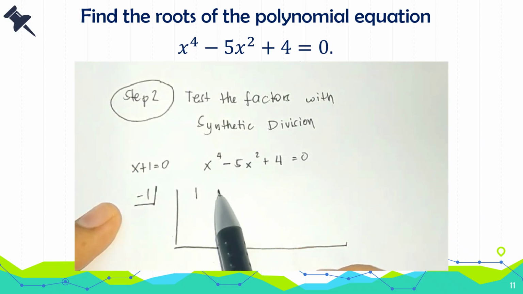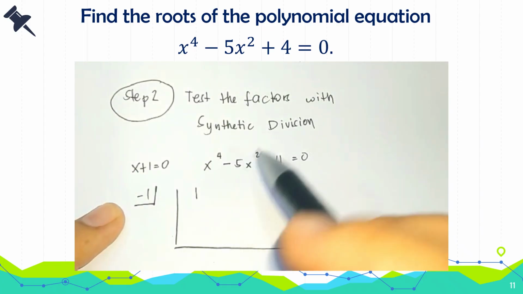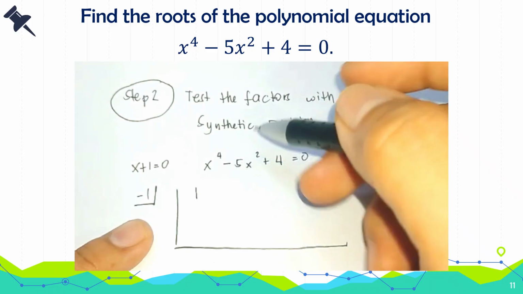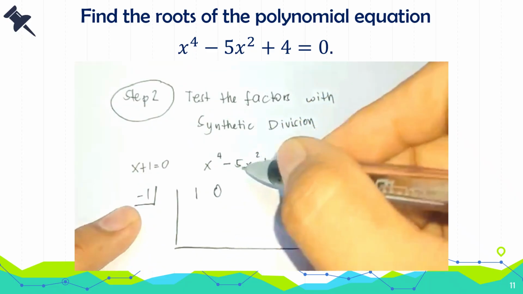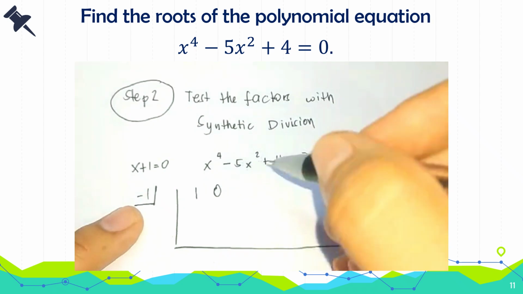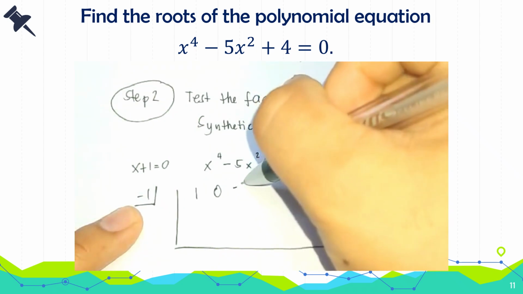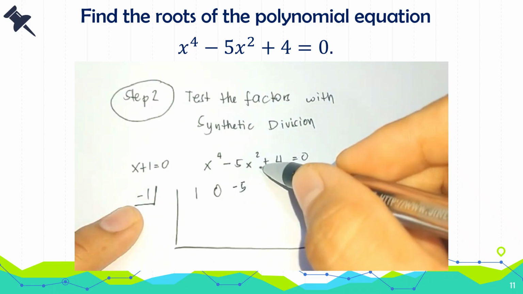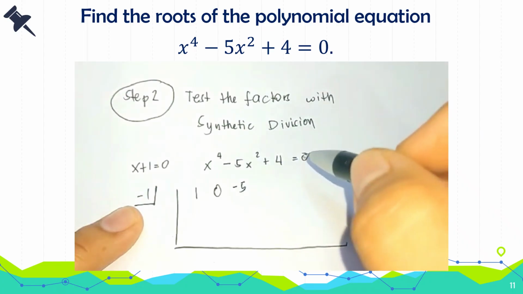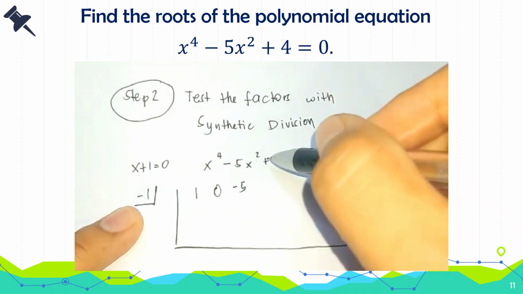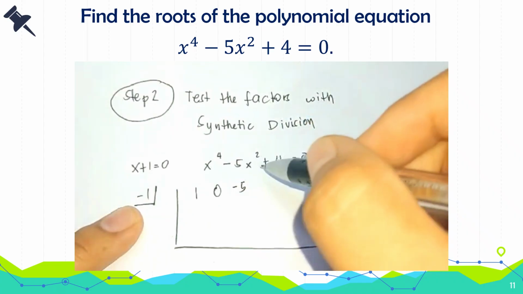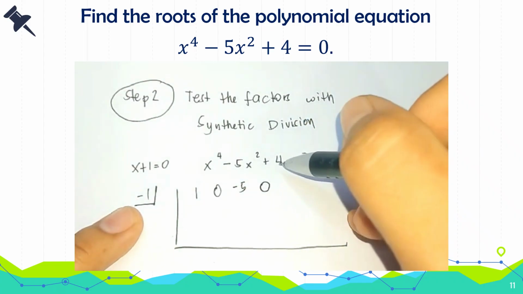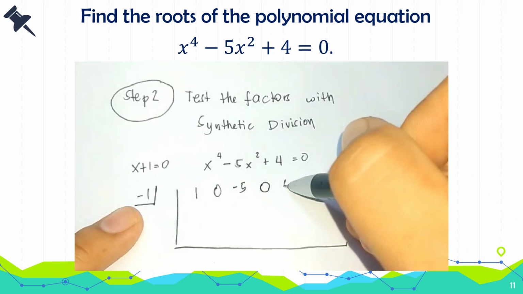Our next degree will be the exponent of 3. Since it's not listed, the value is 0. Next is the exponent of 2, negative 5. Next is the term with the variable exponent of 1. Since it's not listed here, the coefficient will be 0. Then we have the constant 4.